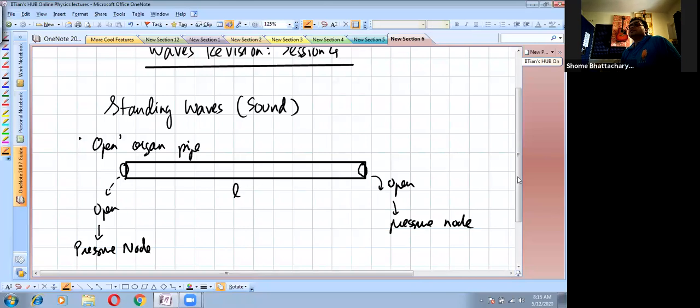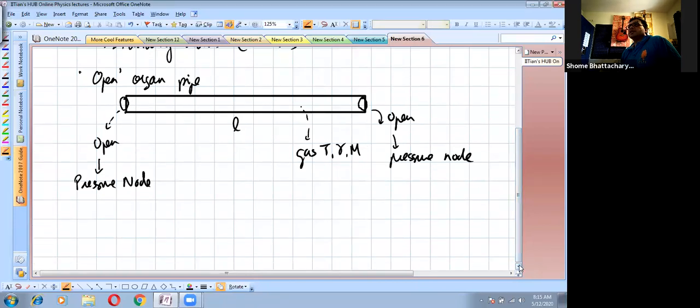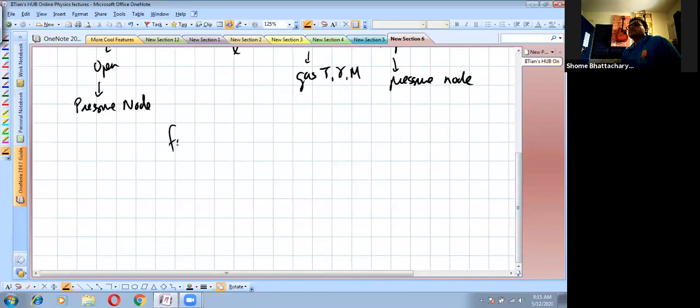So if the length of the pipe is L and inside the pipe we have gas of temperature T and gamma, adiabatic constant, and molecular mass M, then for the fundamental we know we have the formula 1 by 2L square root of gamma RT by M, because for the fundamental mode what happens is that the two ends are consecutive nodes and we have one pressure antinode in between.